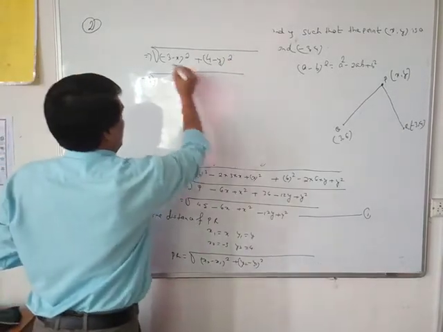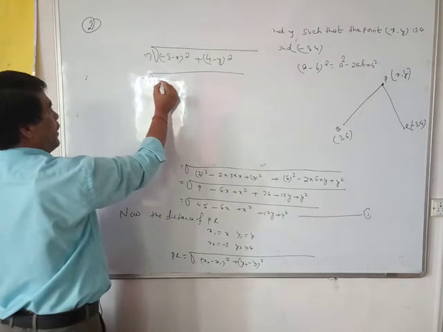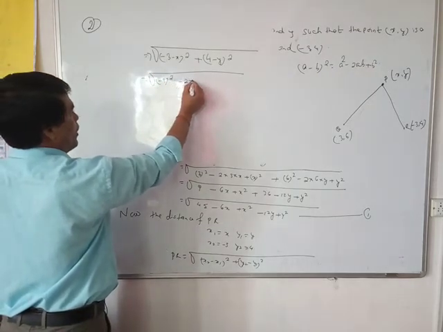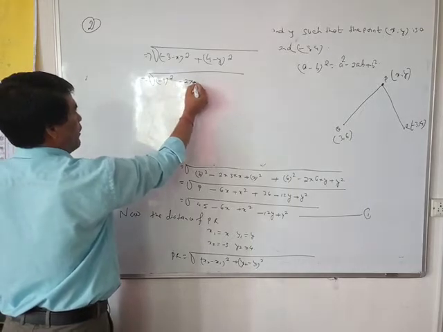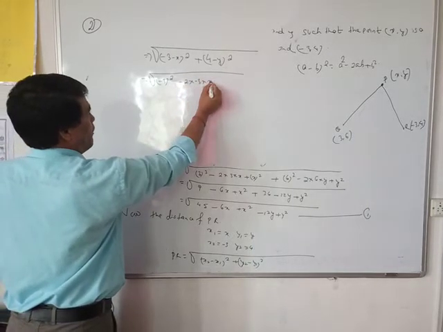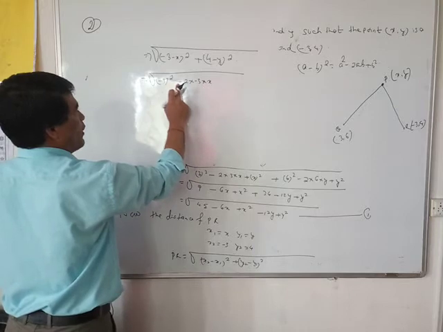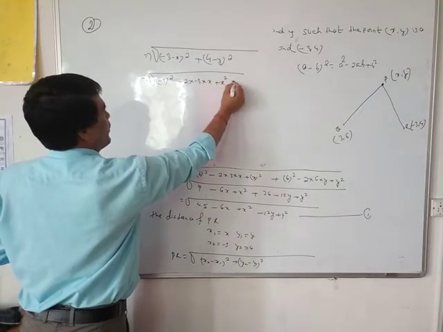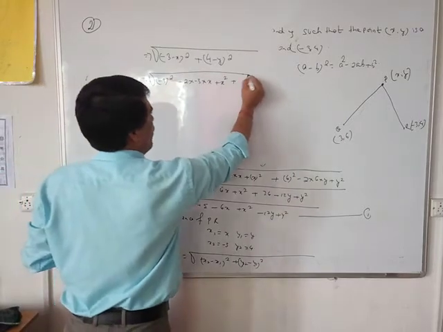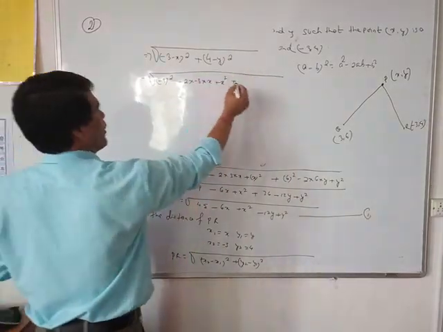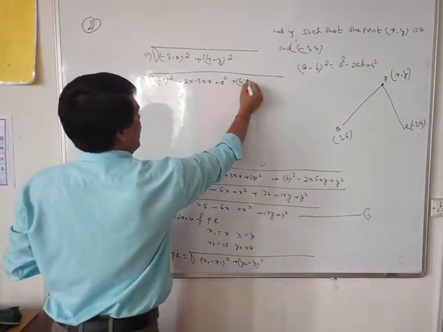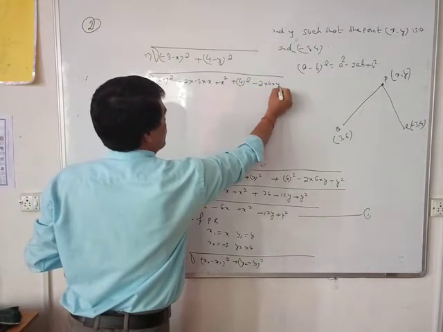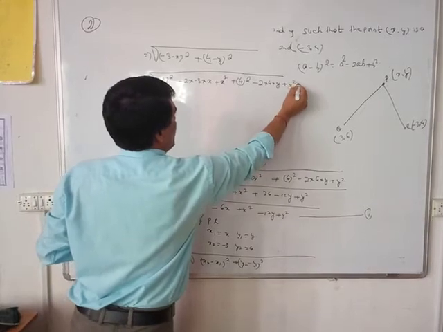Then a minus b whole square: a means minus 3, a square minus 2, a value is minus 3, b value is x, a square minus 2ab plus b square, plus, again we have to expand in the form of a minus b whole square, a square minus 2, a means 4, b means y, plus y square.